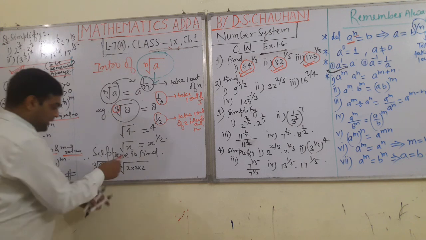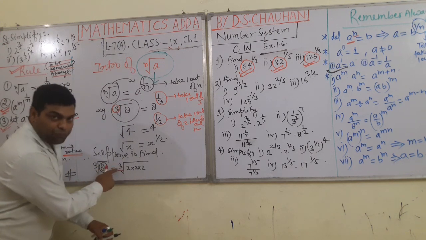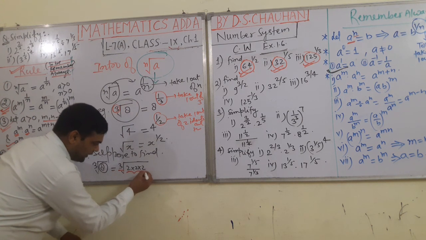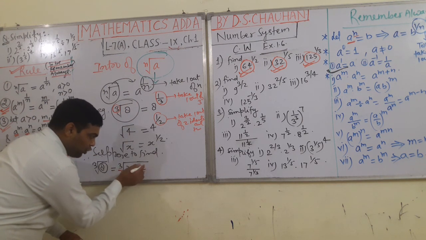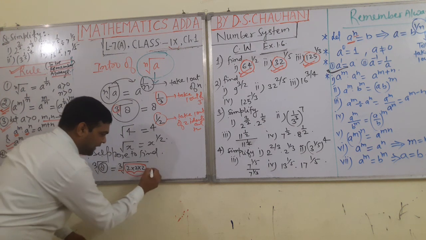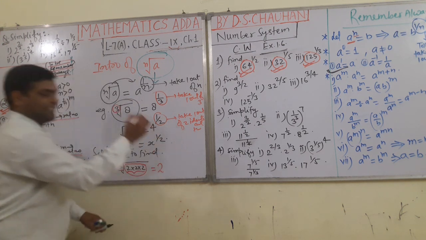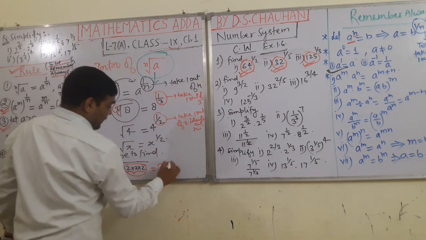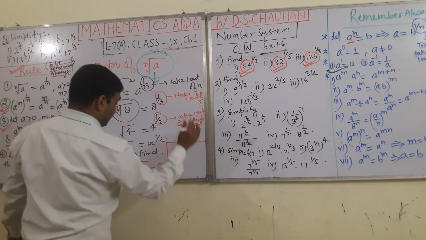This tells us take one out of 3 identical things. Here 3 identical things are present, so we take only one number from these 3 identical things. So what will come out? 2 is the answer. This is one way of solving.